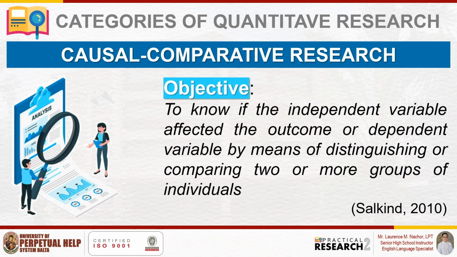Now, the goal of causal comparative research is to determine if an independent variable affected the outcome by comparing groups. This is according to Salkind in 2010.